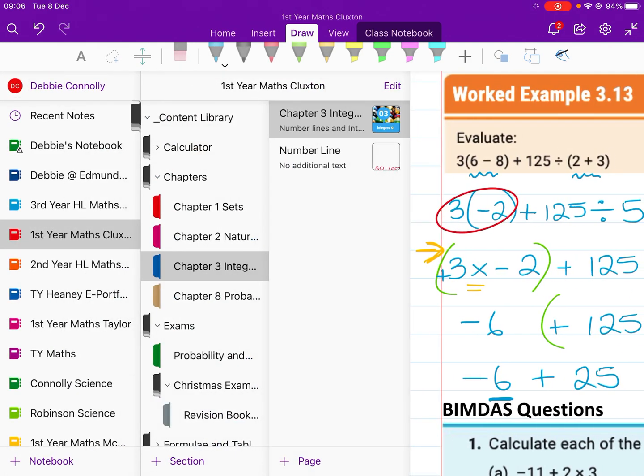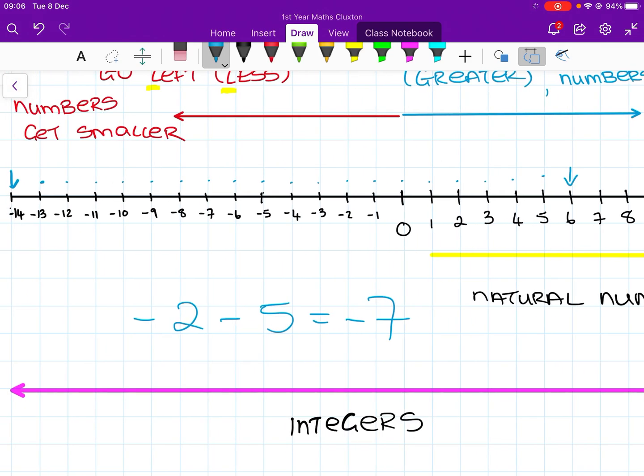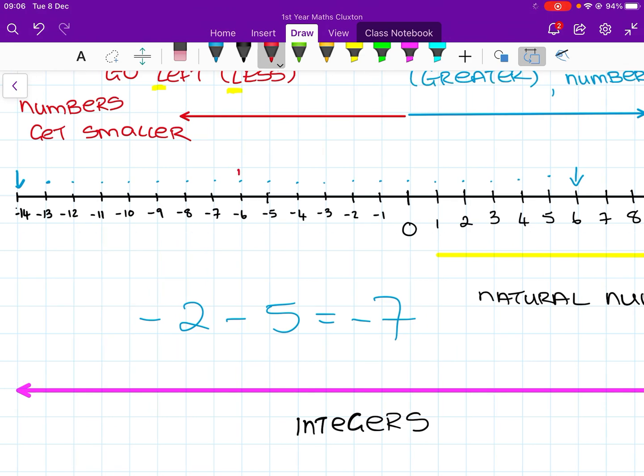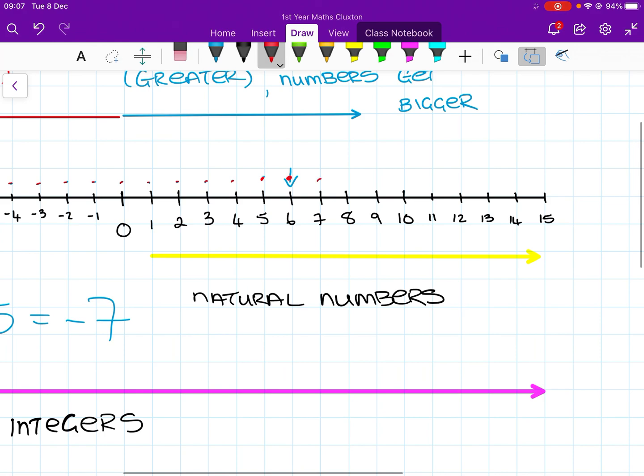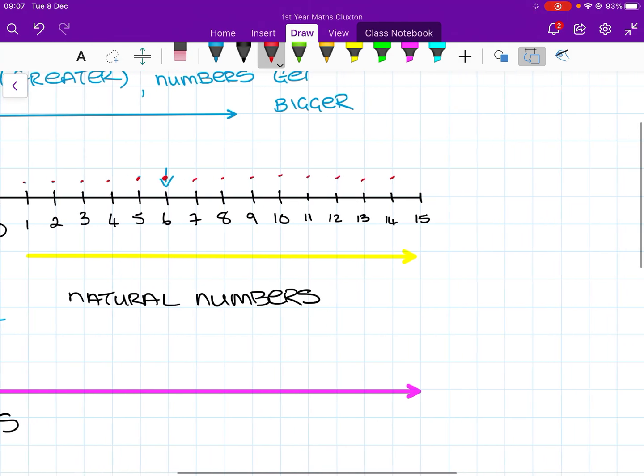Okay, so we're going to start at minus 6 and we're going to go 25 steps to the right. Can I fit this on my number line, I wonder? I'll do it in a different color. We're going to start at minus 6, and go 25 steps to the right. 1, 2, 3, 4, 5, 6, 7, 8, 9, 10, 11, 12, 13, 14, 15, 16, 17, 18, 19, 20, 21, 22, 23, 24, 25.